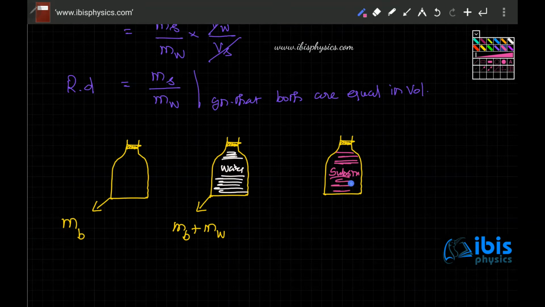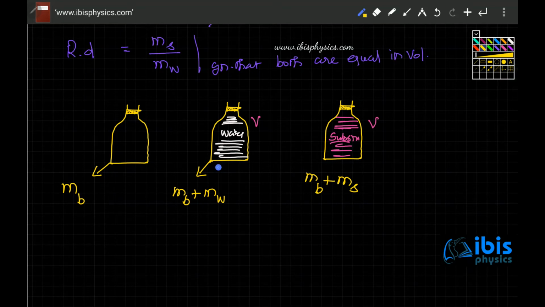Since you are using the same bottle, the volume of the water here is V, which means the volume of the substance here is also V. When you measure the mass here, you will get the mass of the bottle plus the mass of the substance. Let us call these masses m1, m2 and m3.